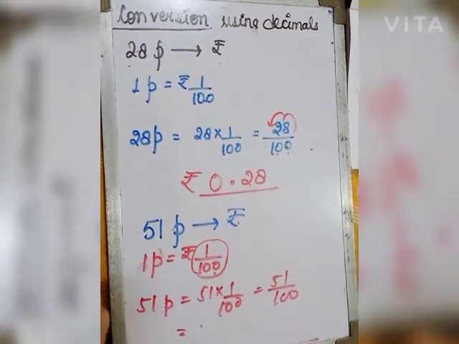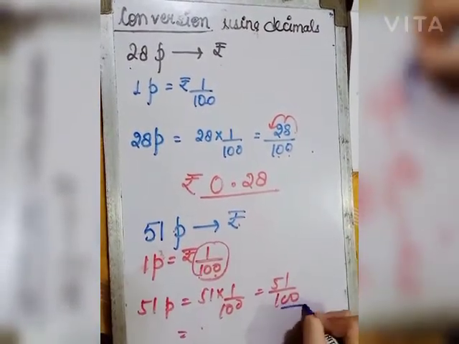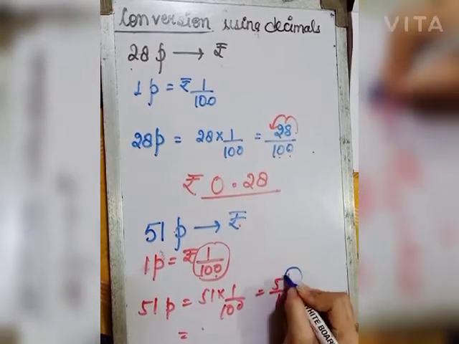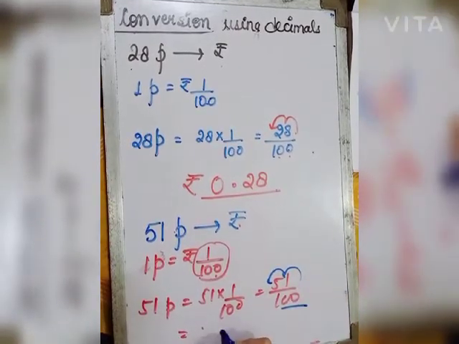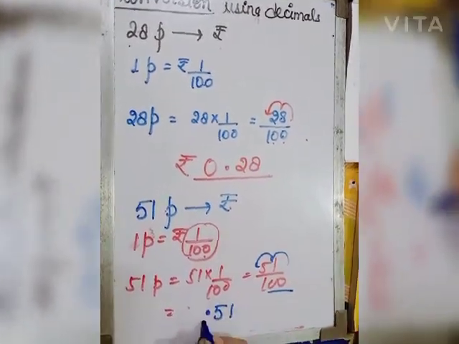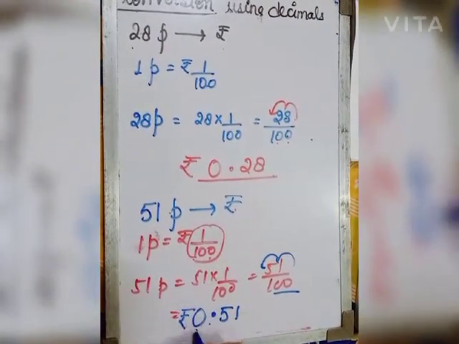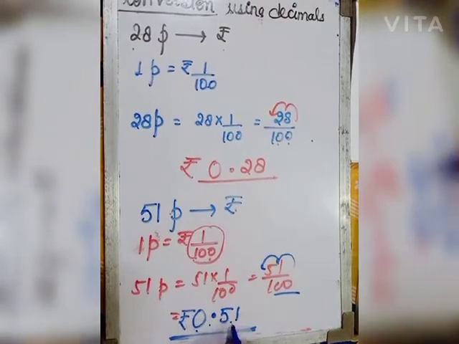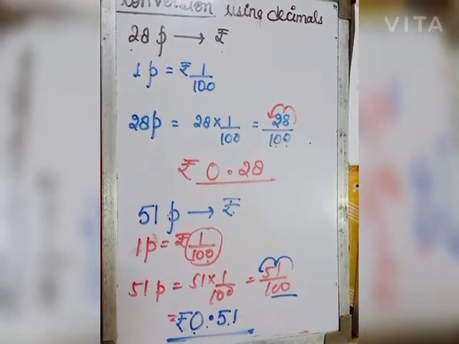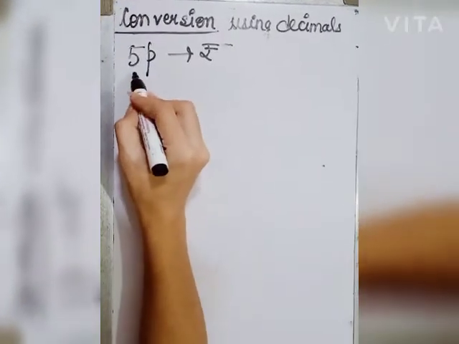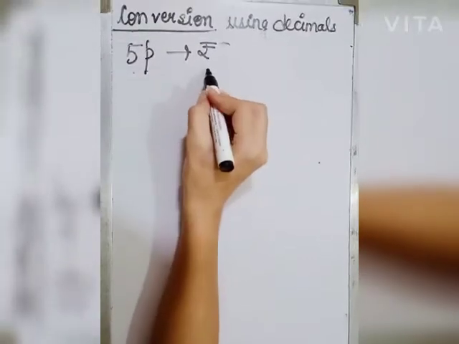Now here where we have to put the decimal, 2 place from the back side, 1 2. We will put the decimal here. Now before decimal we do not have any digit, so we will put 0 by ourselves. It will be 0.51.